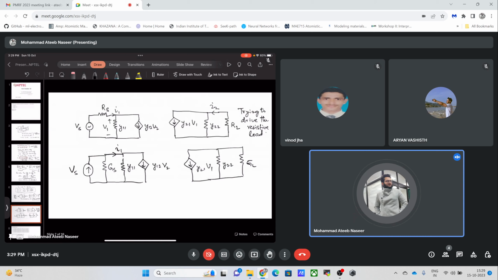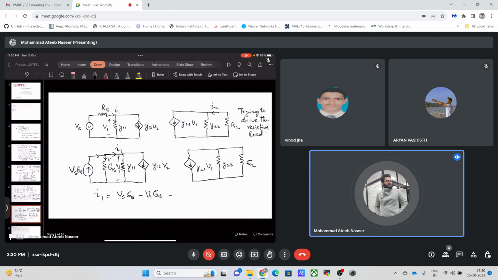So if we now try to see the input network and use the KCL, I1 is simply equal to Vs times Gs minus the input perturbation V1 times Gs.